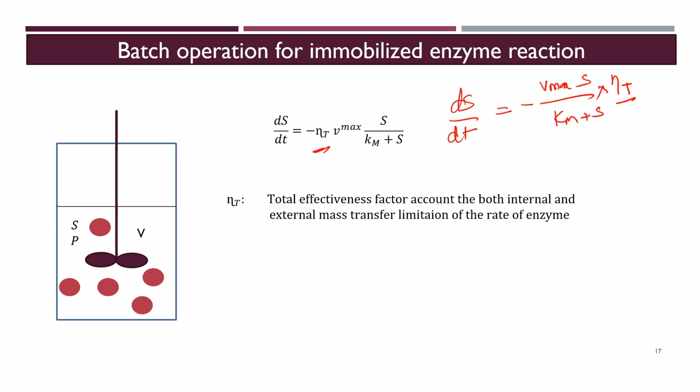If you remember from enzyme catalysis, the total effectiveness factor becomes the external effectiveness factor due to external mass transfer into the effectiveness factor due to internal mass transfer. Because of the mass transfer limitation, we have already discussed how to calculate the effectiveness factor, and the final effectiveness factor needs to be multiplied here. The rest of the integration which we discussed for the free enzyme, we have to repeat the same for this case as well.